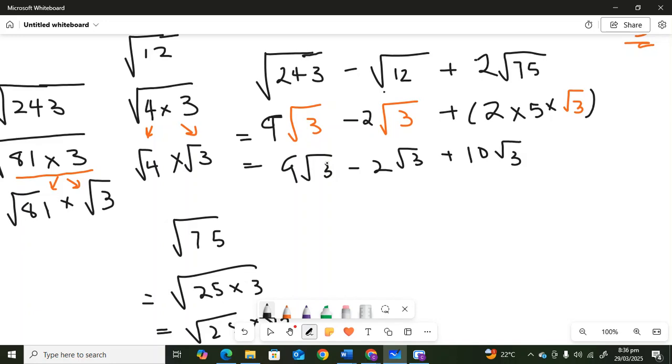So now as you can see, we have got 3's in the roots, so now we can add and subtract. It's basically saying 9 minus 2 plus 10, what do we get? These 3's will remain as they are. Think of it like 9x minus 2x plus 10x. 9 minus 2, that is 7. 7 plus 10, that is 17.